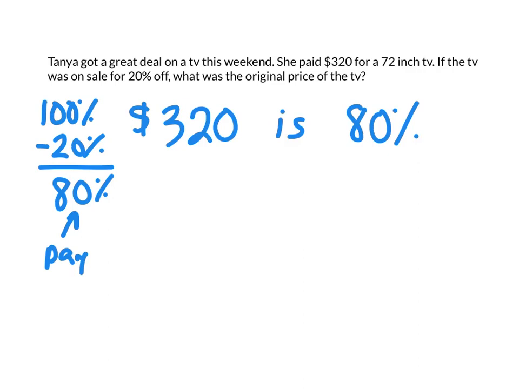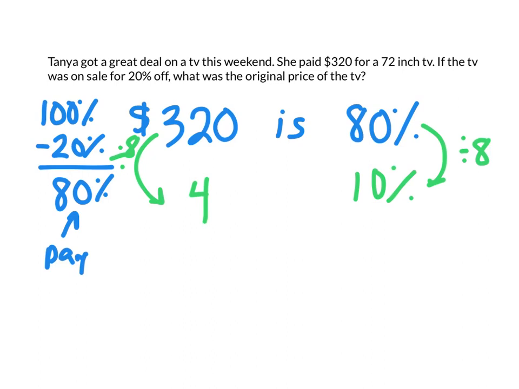Now, since 80% ends in a 0, this time I'm going to get to 10% because the scale factor won't be too bad. To get from 80% down to 10%, I would simply divide by 8. So over here, I'm going to divide by 8. Now 32 divided by 8 is 4.